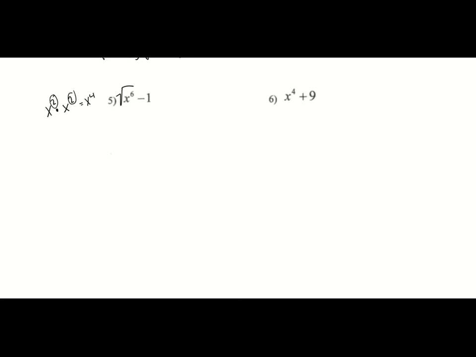When we take the square root of x to the 6th, we are going to divide this number by 2. So when we do that, we get x to the third for our square root of this term, and the square root of 1 is just 1. So that leaves us with x to the third minus 1, x to the third plus 1.